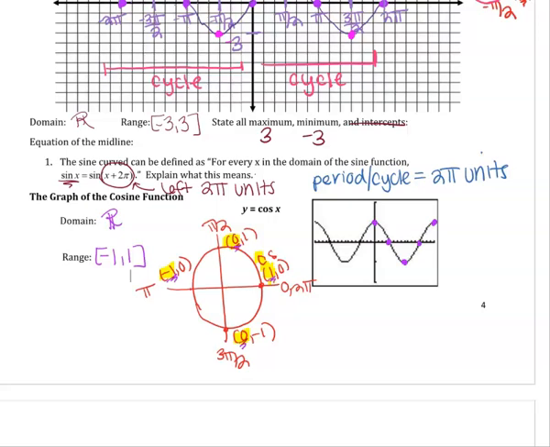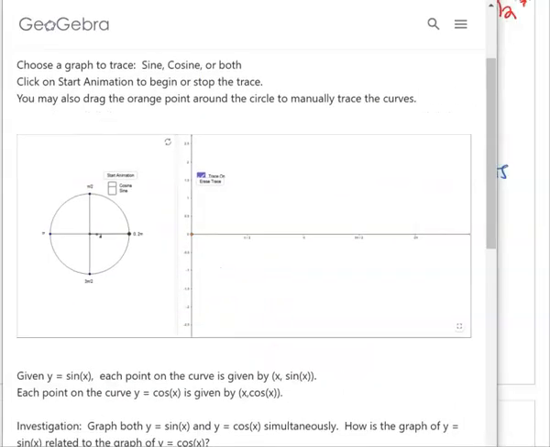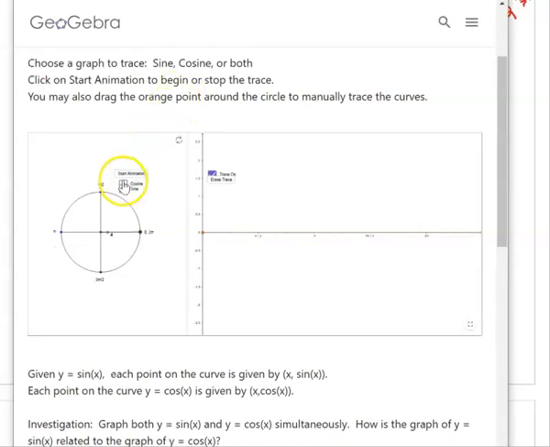So, if I pull up that same website from before, bring it on over here, okay, I'm going to click cosine. I'm just going to start my animation here. So you're seeing we're rotating around our unit circle, but they're specifically just recording the x coordinates. So 1, 0, -1, 0, 1.